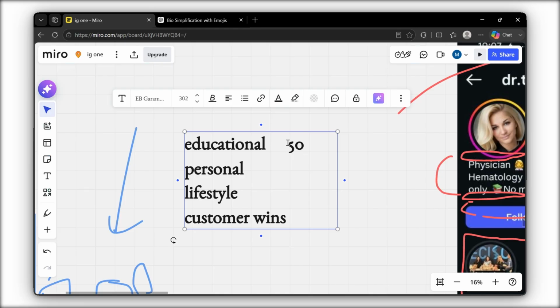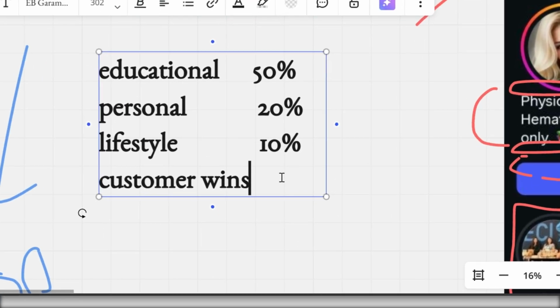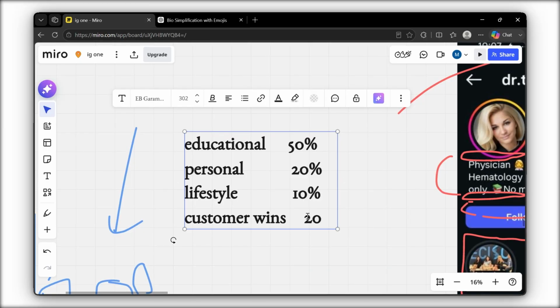Like, this is the best nutrients, this is the best diet for you. Personal should be around, I guess, 20%: day in the life of a doctor, training my client how to lose weight, something like that. Lifestyle should be also like 10%, going to a clinic, going on a trip, something like that. And customer wins should be around 20%, I guess.